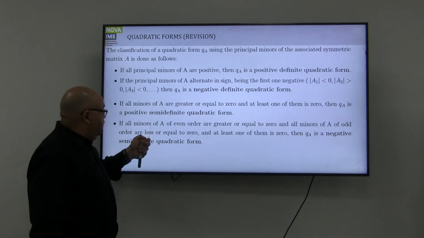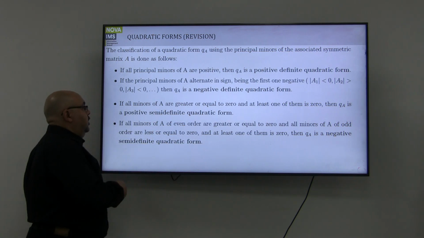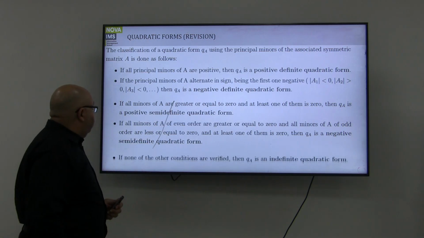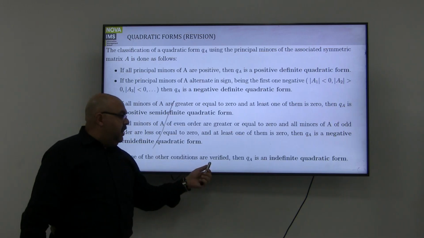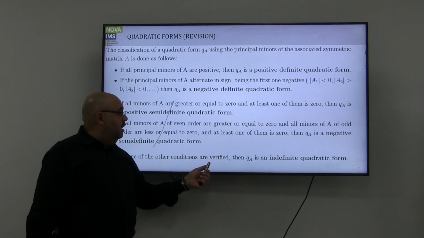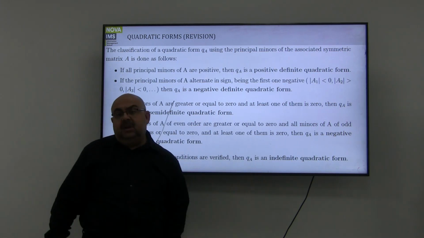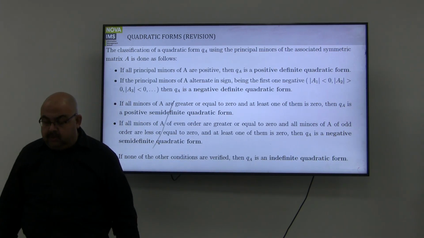As I told you, these two cases we are not going to study in our analysis. And if some of the minors don't follow the rules that we spoke about, then it is an indefinite quadratic form.